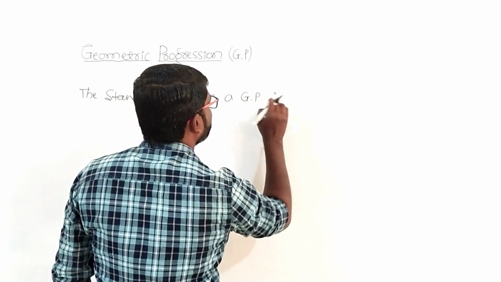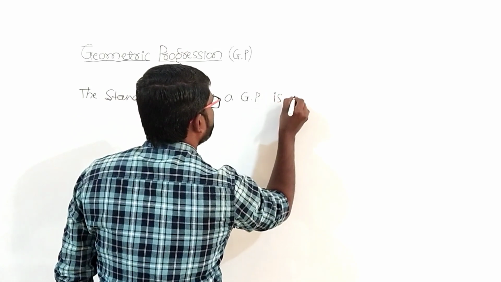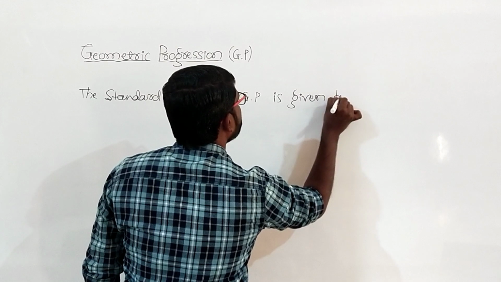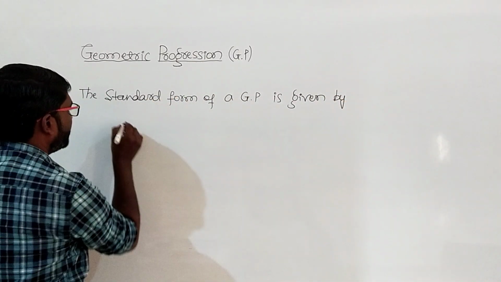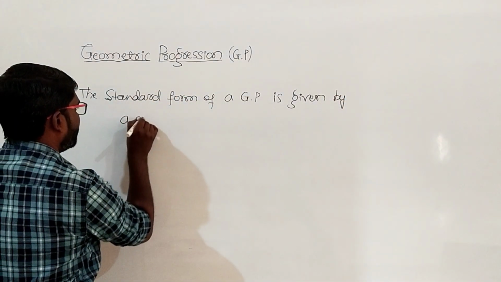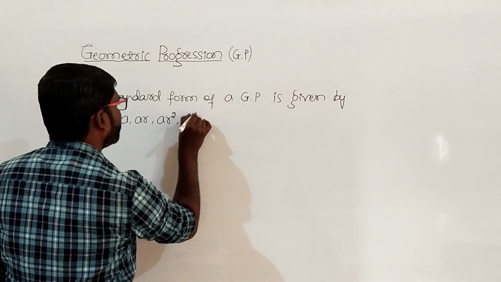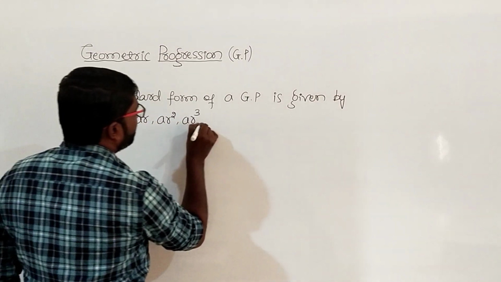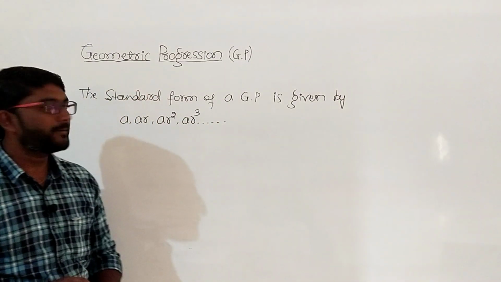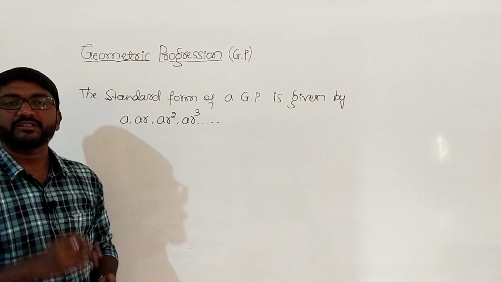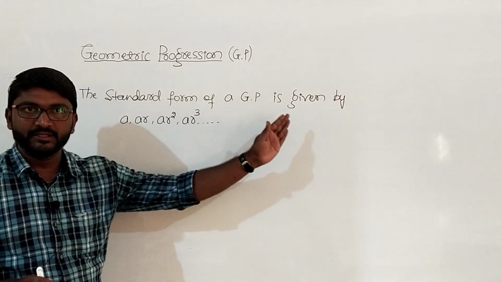the standard form of a GP is given by A, AR, AR square, then AR raised to 3, and it continues. Is that clear? So this is the standard form of a geometric progression, or the general form of a GP.